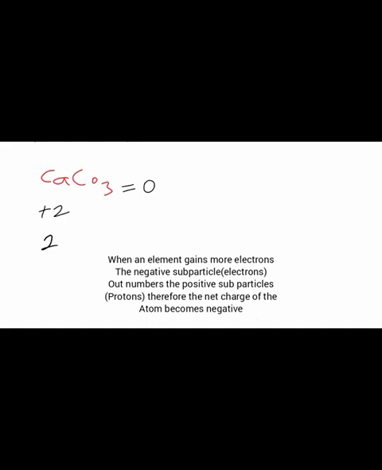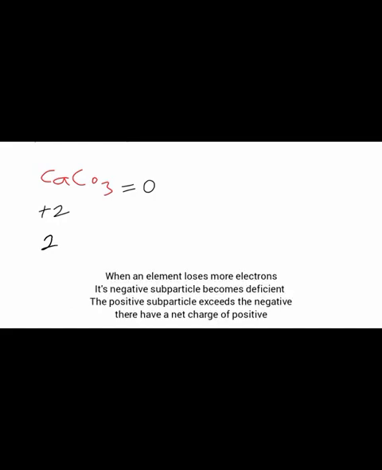So it will have more electrons than protons, thereby negative charges overshadowing positive charges. That's why if an element is gaining more electrons, it will become negative. But if an element is losing electrons, the positive charges contained by the element will overshadow the negative charges, thereby having an outcome of a net positive charge.